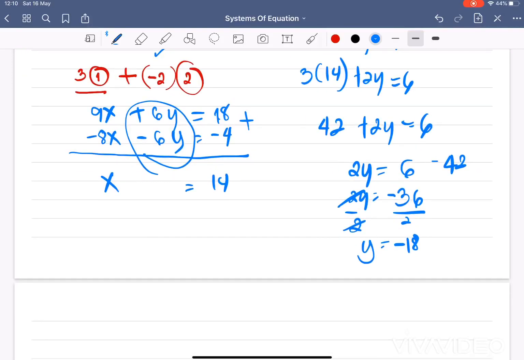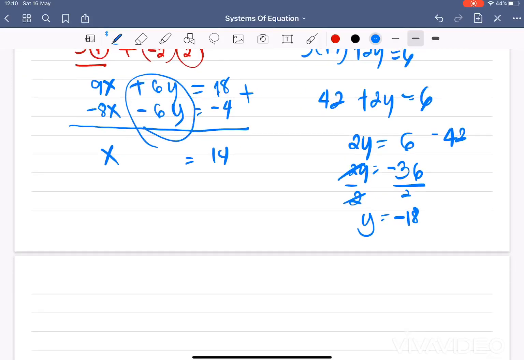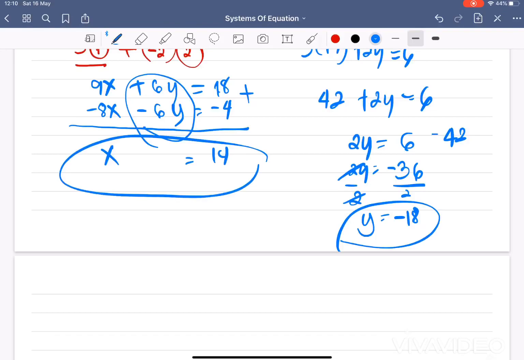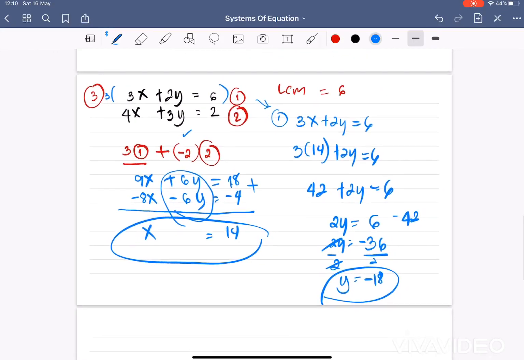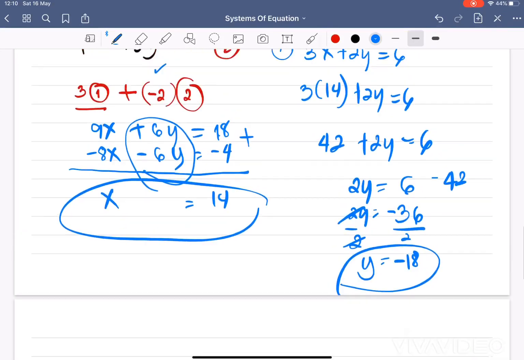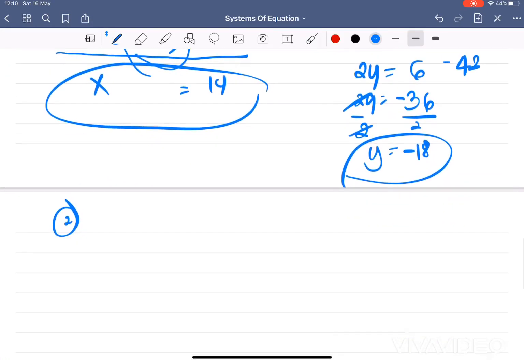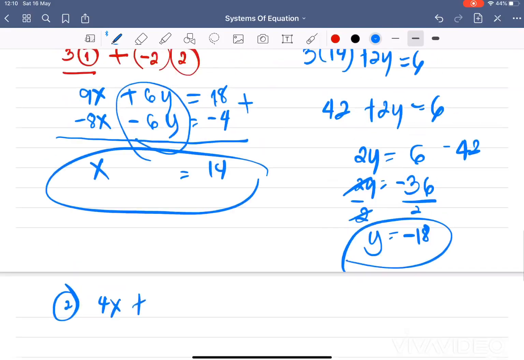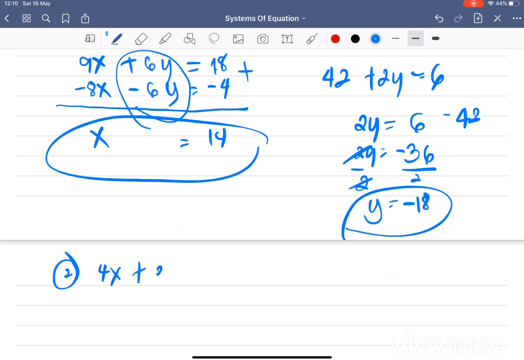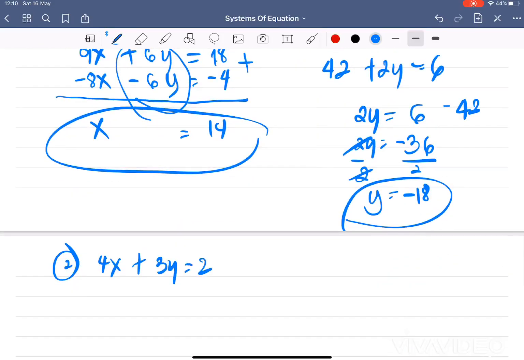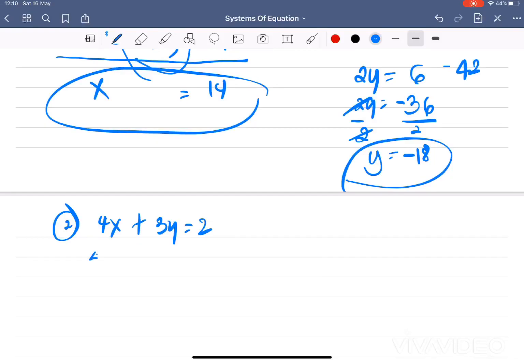So let us check whether the values of x and y will satisfy either of those equations. Let us say we will use equation number 2, for example. Equation number 2 is 4x plus 3y is equal to 2. So we'll replace x with 14. So 4 times 14 plus our y, which is negative 18, is equal to 2.